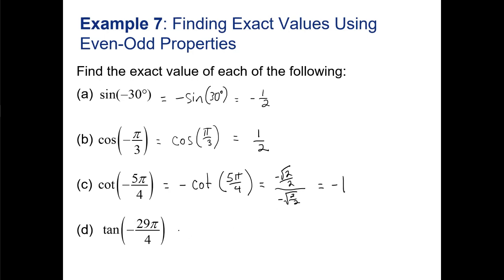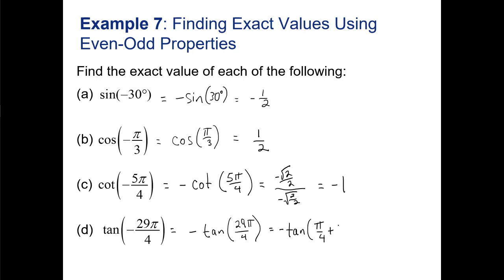Okay, and then with this tangent, it was also odd. So we put the negative out here on the outside. We have 29 pi over 4. And then remember that every pi in the tangent or the cotangent, every distance of pi is a cycle. So we'll write this as a negative tangent of 1 pi over 4 plus the 28 pi's over 4 that are left.